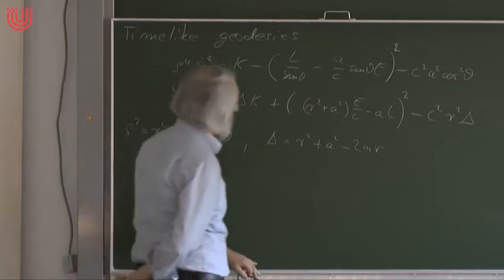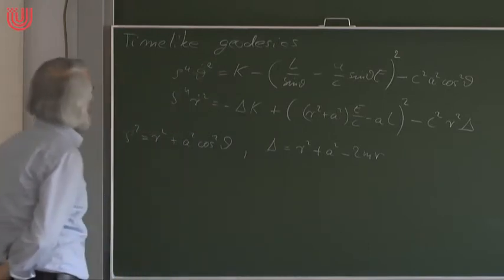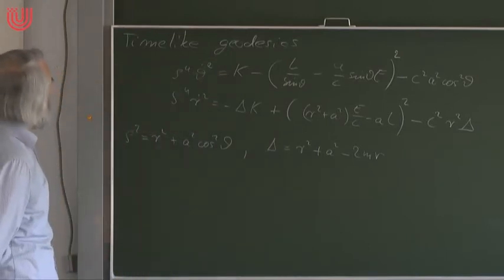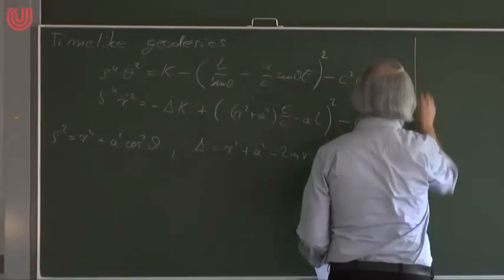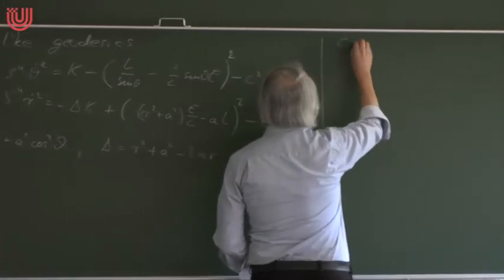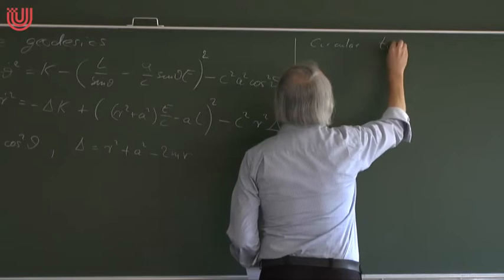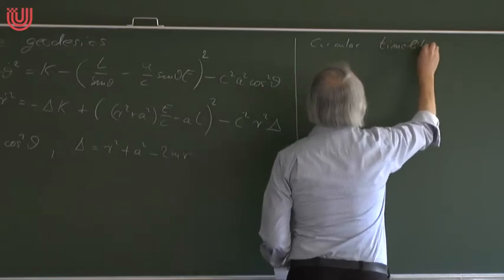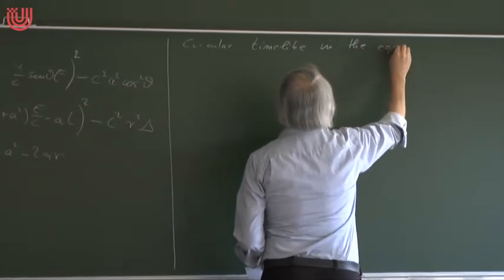Maybe I type out a little bit more in the lecture notes than I do on the board, but on the board I will just sketch the general idea how to get the relevant equations. So what I want to discuss is circular time-like geodesics in the equatorial plane. That's the first issue.